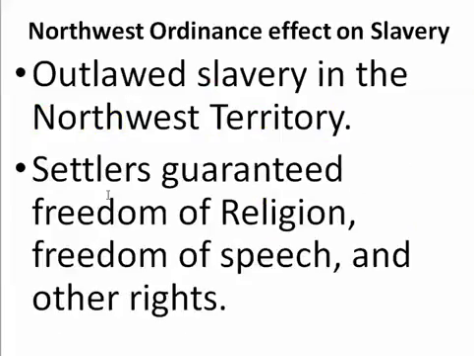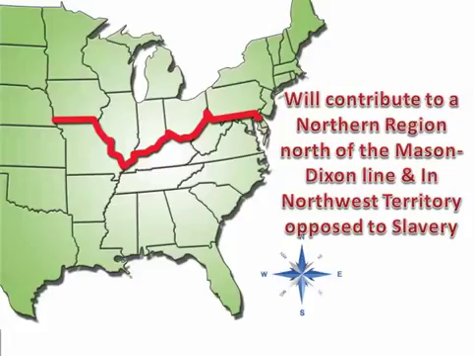Well, for one thing, settlers in the Northwest Territory are going to be guaranteed freedom of religion, freedom of speech, and other rights. But as far as slavery goes, it's going to be totally outlawed. In this Northwest Territory, from the Mississippi River all the way over, slavery will be outlawed.